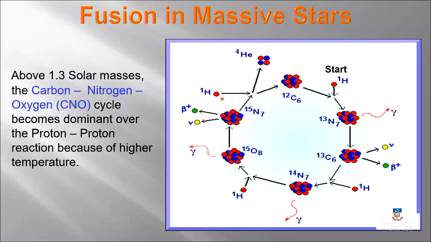Then it combines with another proton to finally produce helium again at the end, and back to carbon 12 to start the process over again. A little bit more complex than the proton-proton cycle, but it ends up doing the same job, converting hydrogen into helium. The reason it uses this process is because in more massive stars, the core temperature is higher. So that's why this process tends to dominate over the proton-proton cycle.